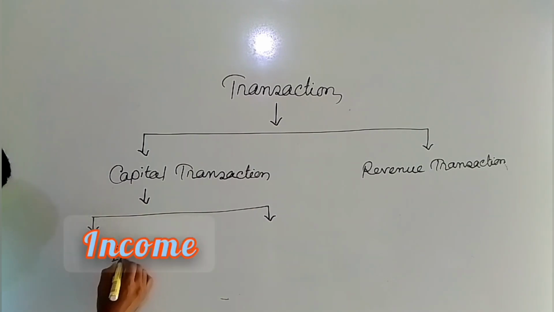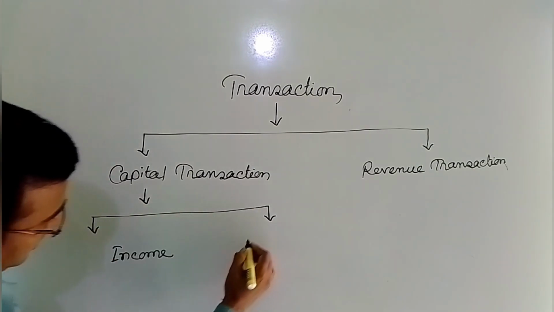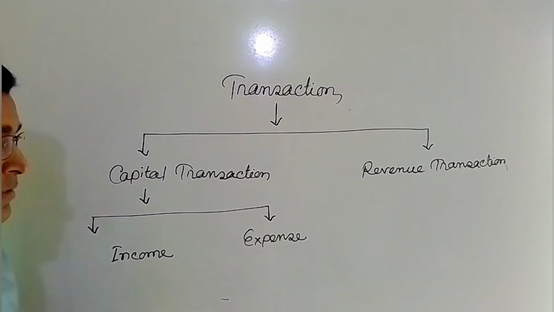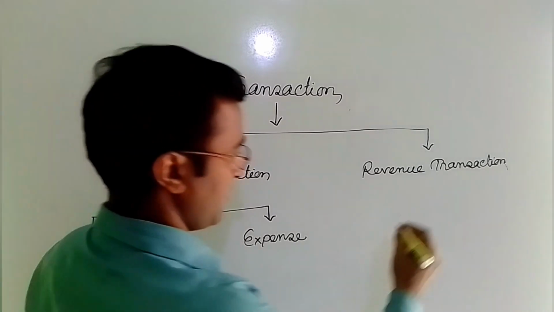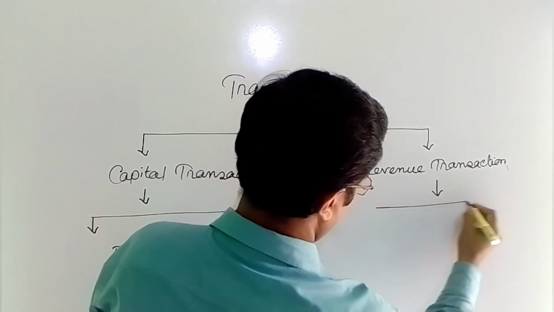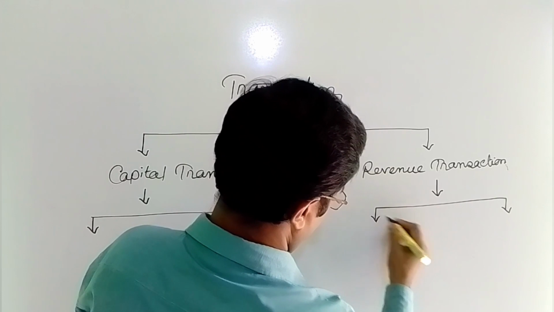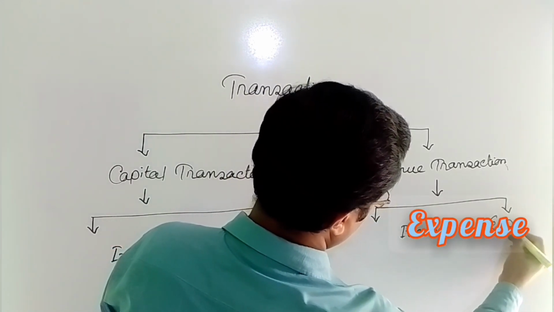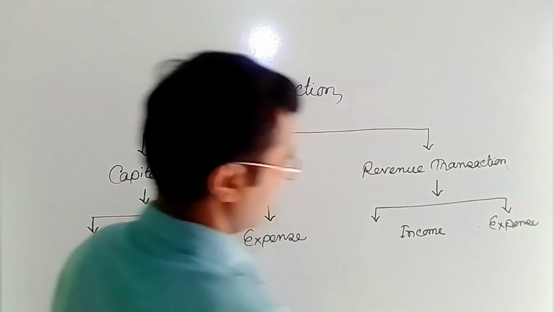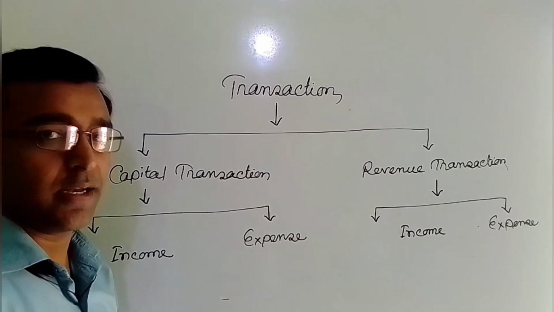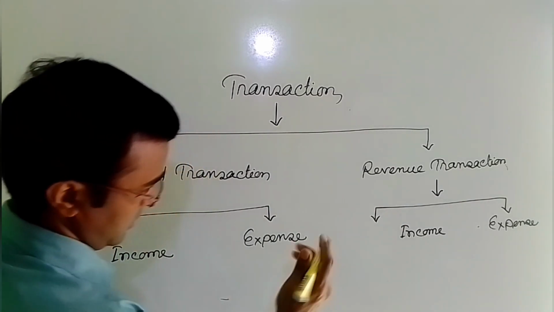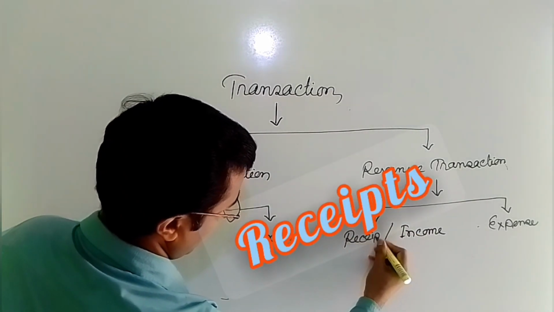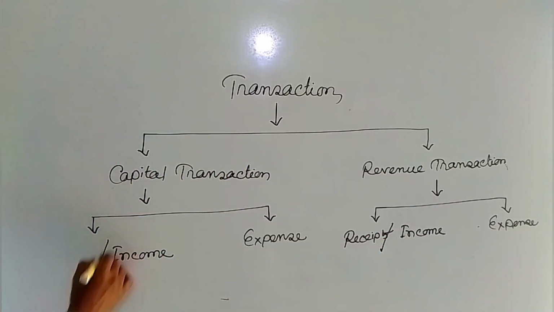One is called income and the other is called expense. These revenue transactions remain the same. One is called income, another one is called expense. But I will also add another word beside the income, that is called receipts, on both sides.